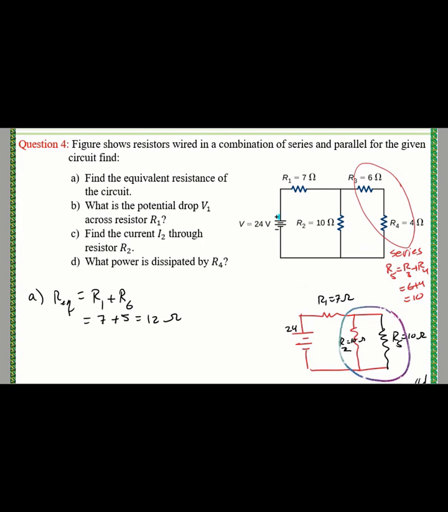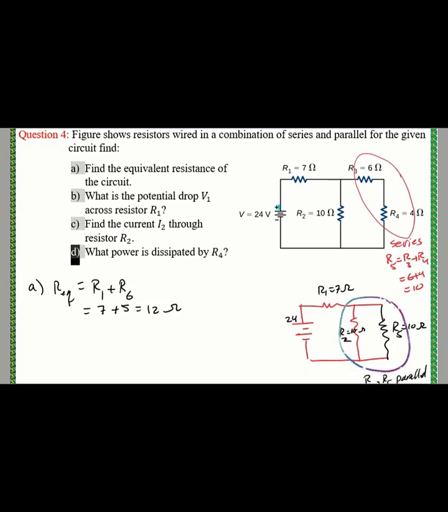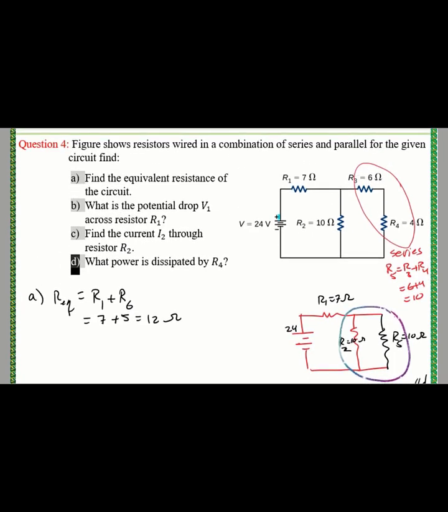Now to find answers for B and C and D, we need to find the currents in the circuit. Here the total current will be split into I1 and I2.